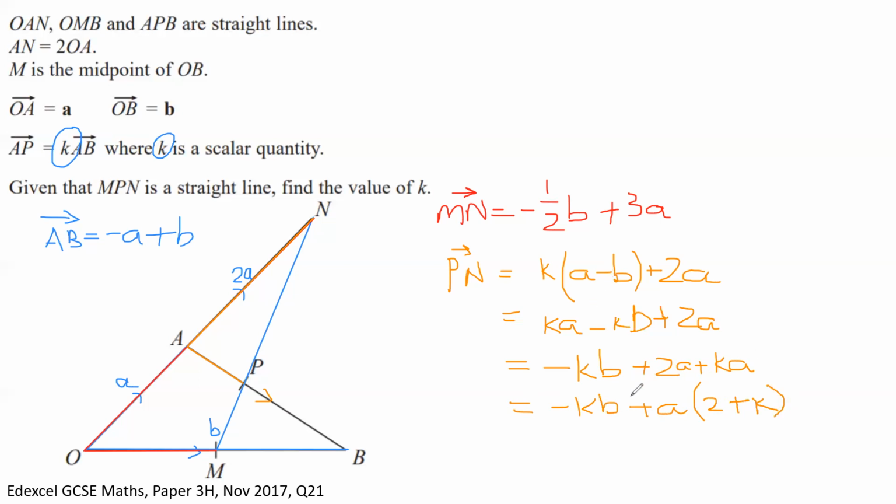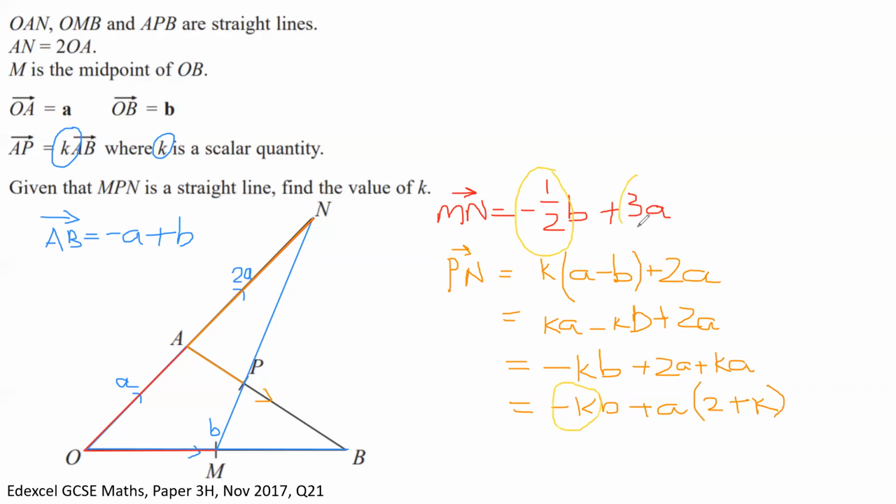This is where it gets slightly more confusing, at the point where you're looking at the algebra, so it's realizing that this is the step that you've got to do, rather than the actual vector qualities. So what we know now is we have got a half B, and we've got minus KB.